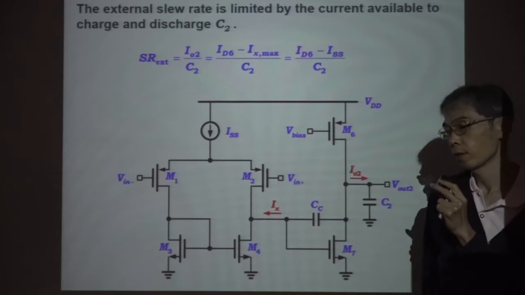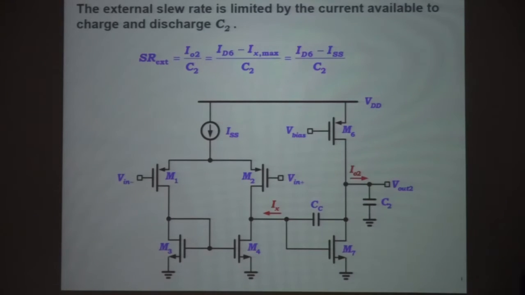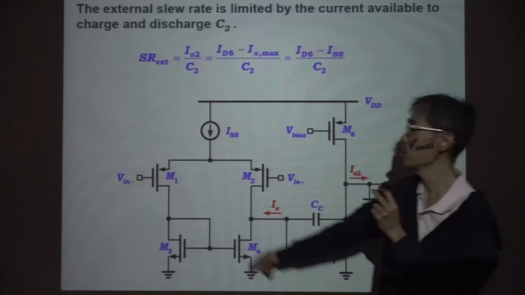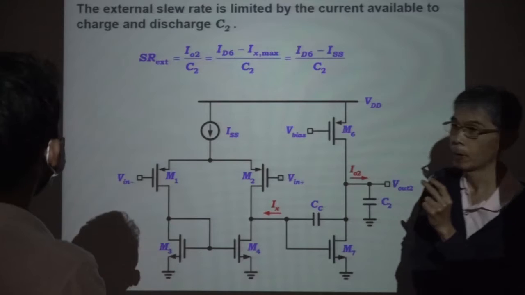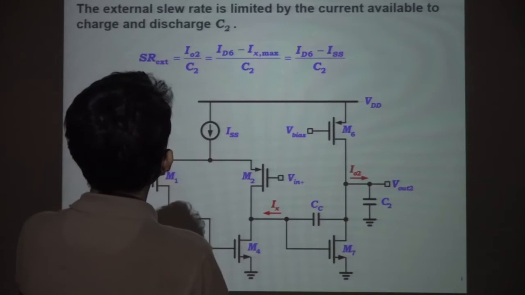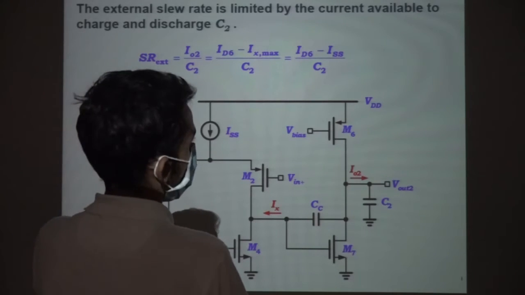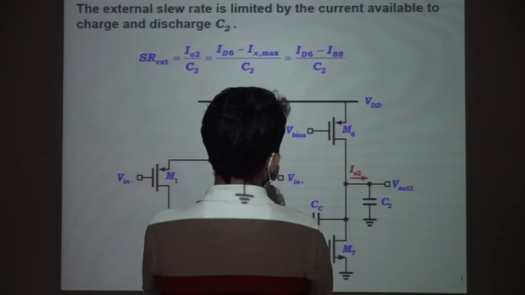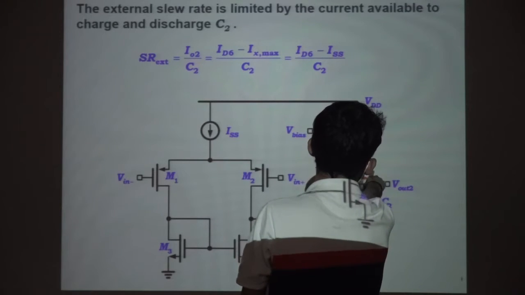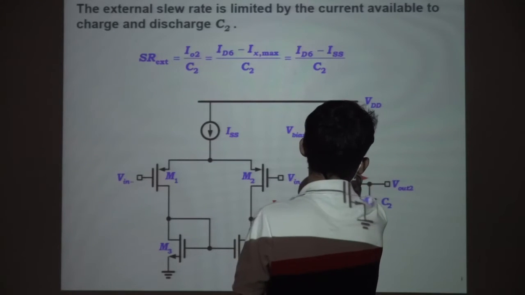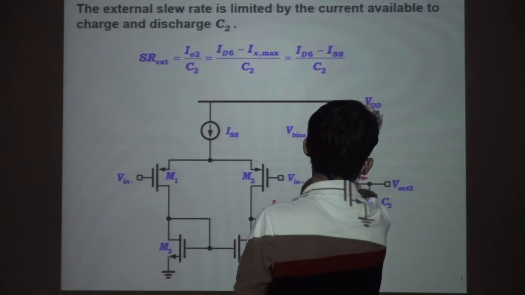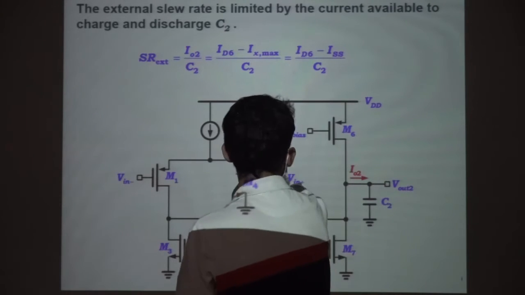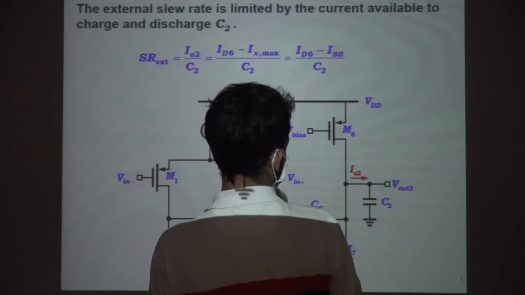Kaiser, please. Okay, explain this equation. This is slew rate in external. Explain. This is external slew rate, the ratio of IO2 and C2, and this is internal slew rate.